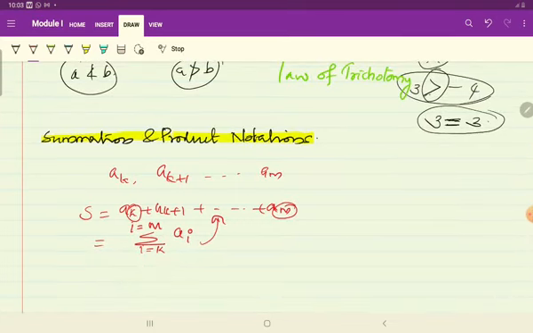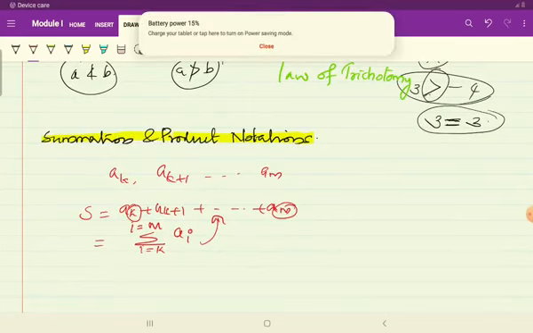This variable i is the summation index, and it is also called the dummy variable.